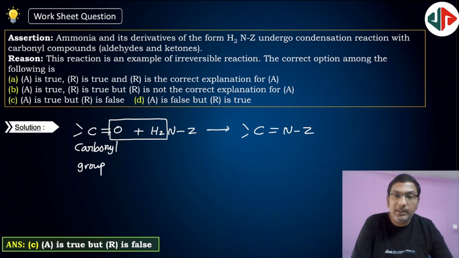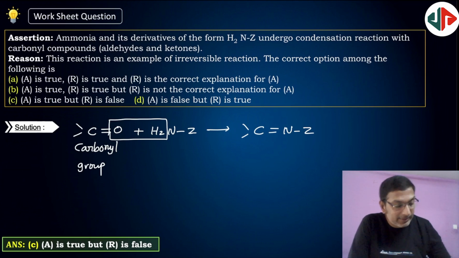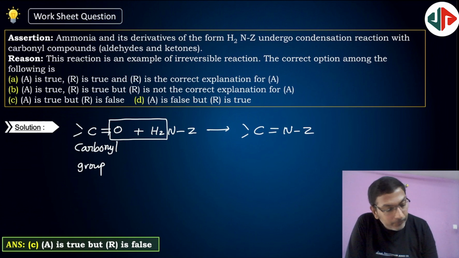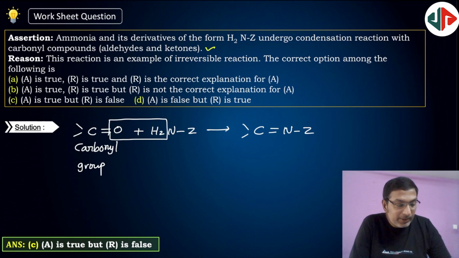So all carbonyl compounds can react with ammonia derivatives. That means the first statement is true. First statement is correct. Next, this reaction is an example of an irreversible reaction.